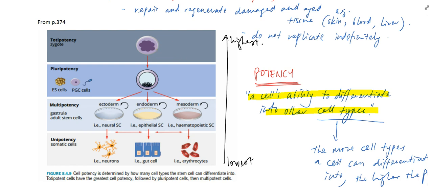And actually we can expand beyond the zygote to also up to the 16 cell morula. So the zygote, we'll look at embryonic development on another page. The zygote and also the 16-cell morula can differentiate into any kind of cell that we would find in the adult human body.